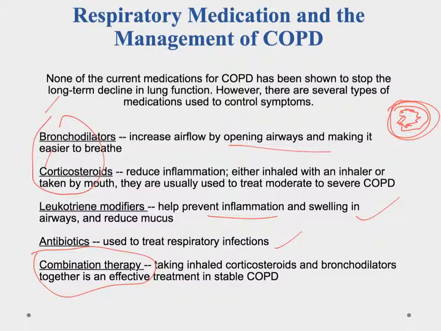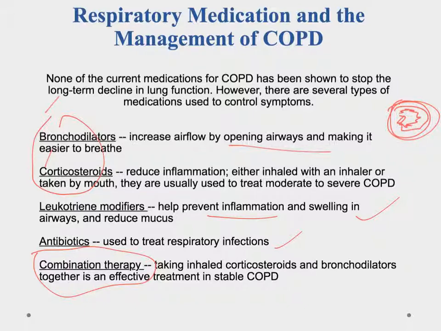The names of some of those combination inhalers are fluticasone and salmeterol, which is commercially known as Advair. We also have ipratropium and albuterol, which is a combination of two bronchodilators.